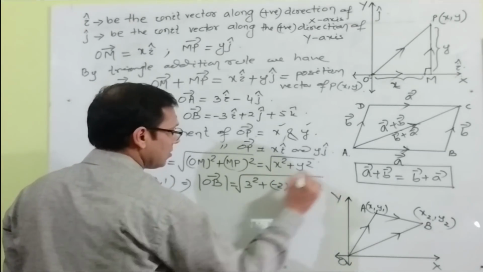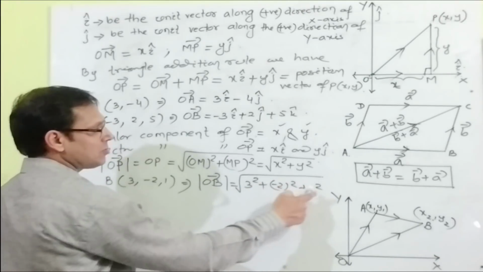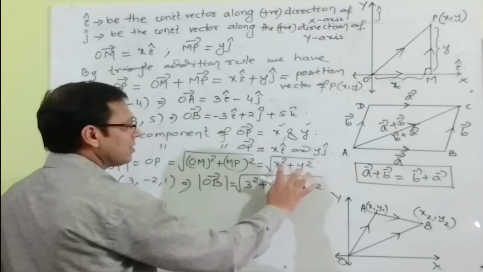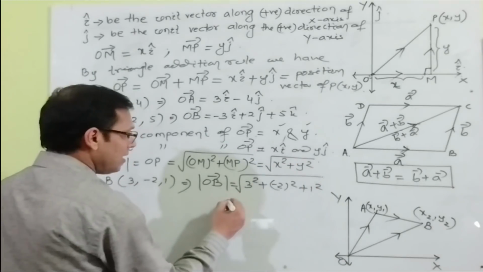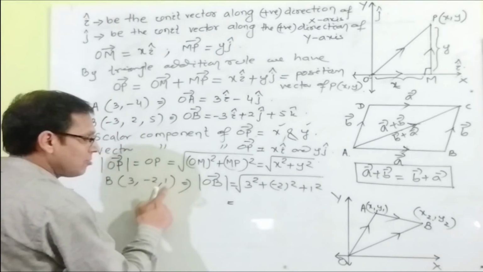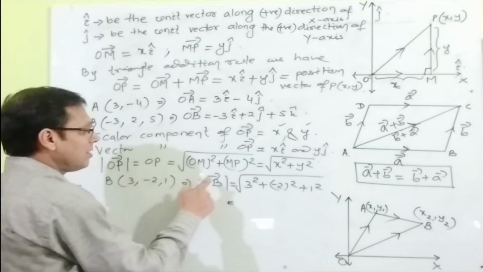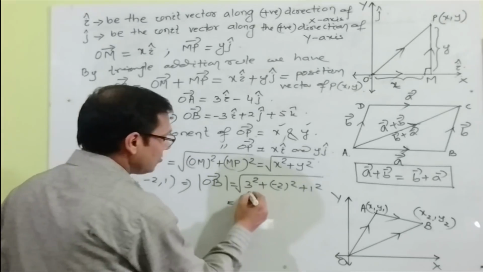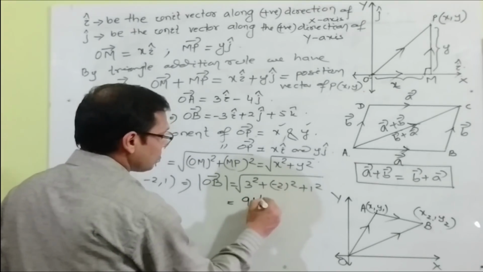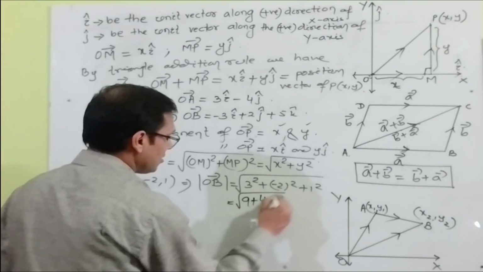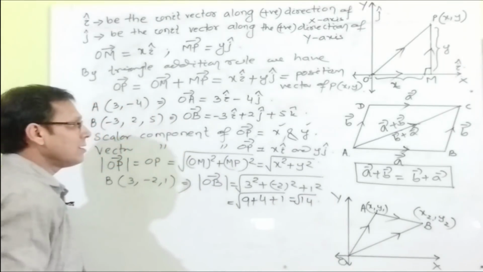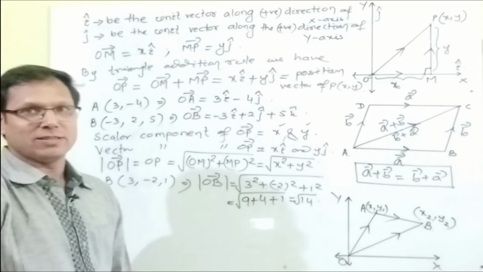That means root over x square plus y square plus z square. So it is root over 9 plus 4 plus 1, that is nothing but root over 14.